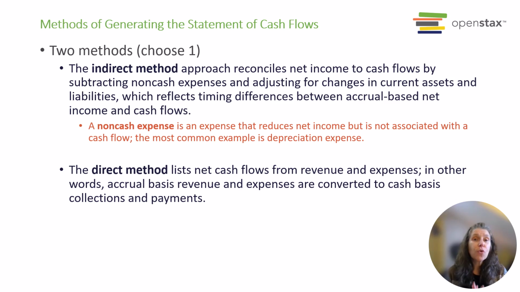There are two ways that we can create a statement of cash flows, the indirect method and the direct method. Most of the time, companies are using the indirect method.